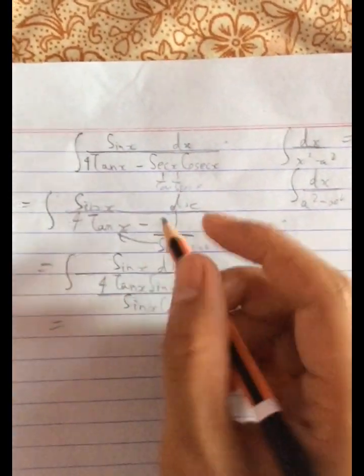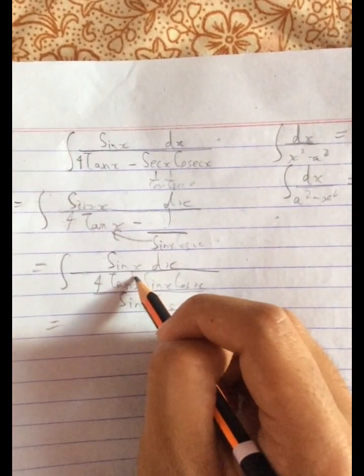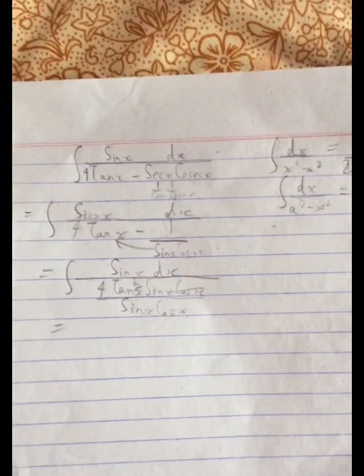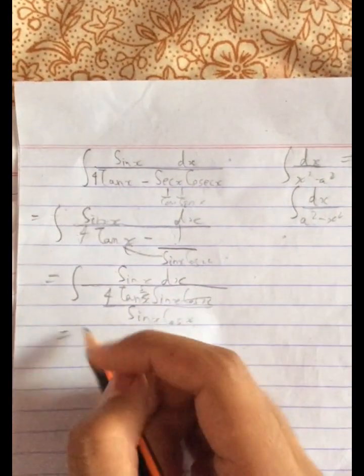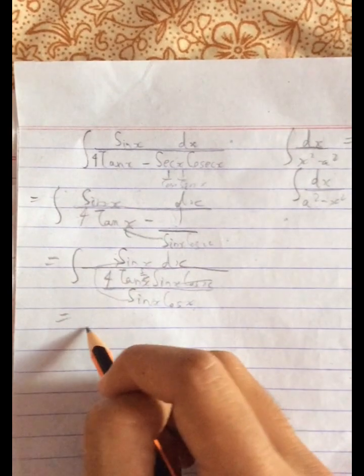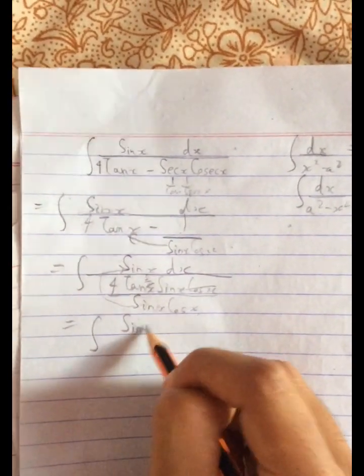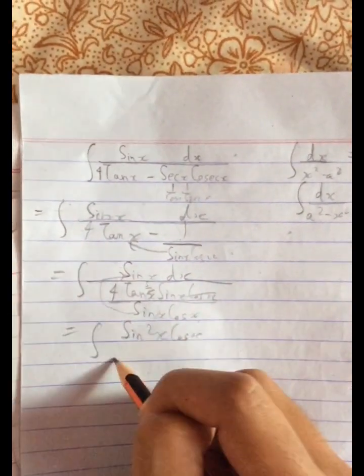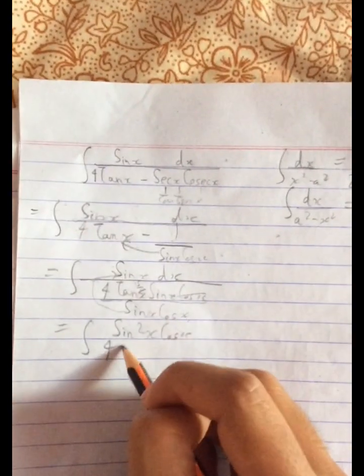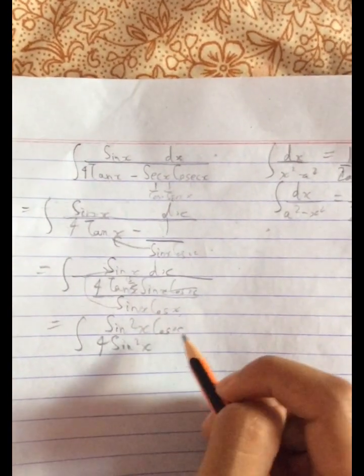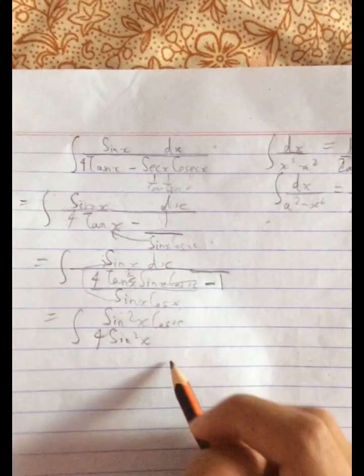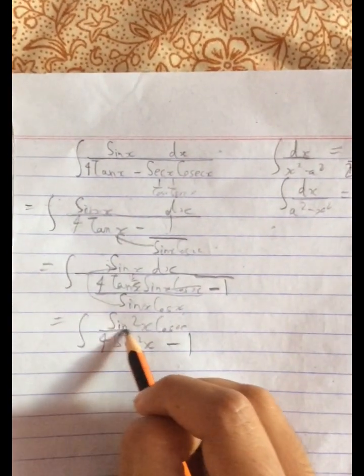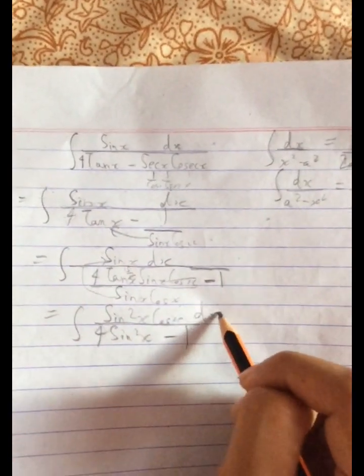Now here, tan x is simply sin x by cos x, so the 1 by cos x and cos x will cancel, so we'll have sin x, and this will go above here. This will multiply out to be sin square x cos x, and here we will have 4 sin x into sin x, which is just 4 sin square x. Sorry, there should be a minus 1 here. So we'll have a minus 1 remaining like that, dx.